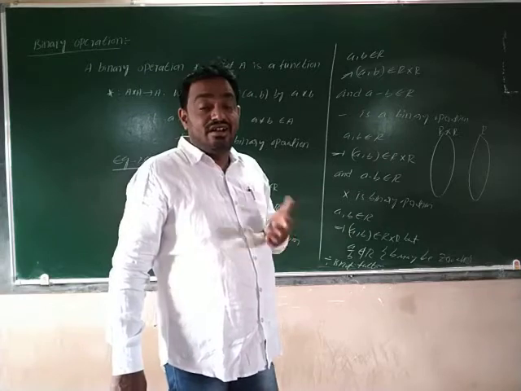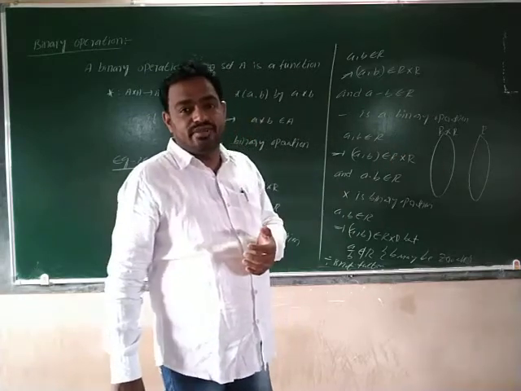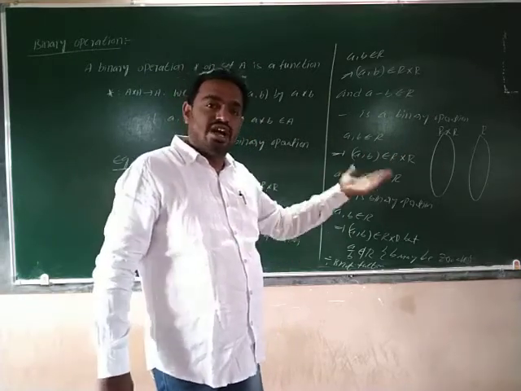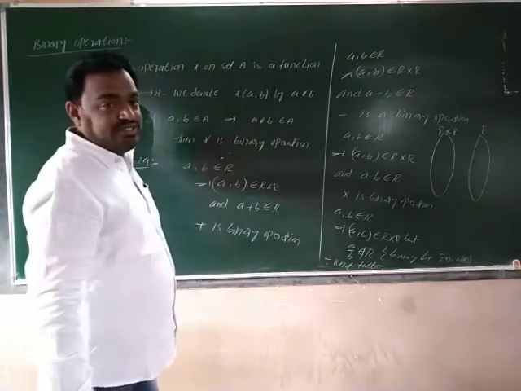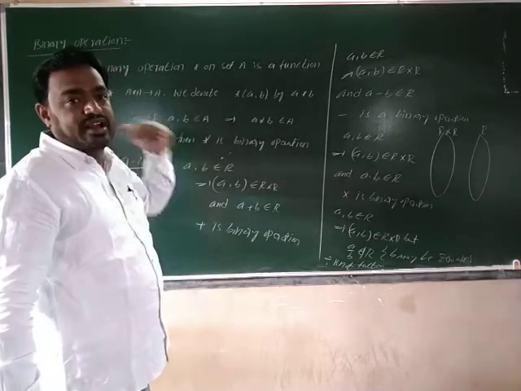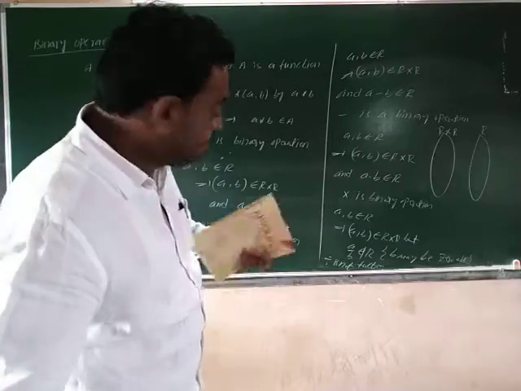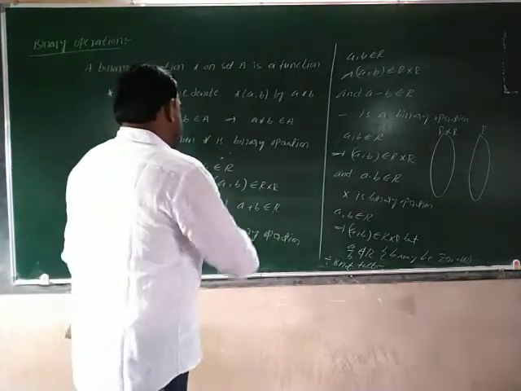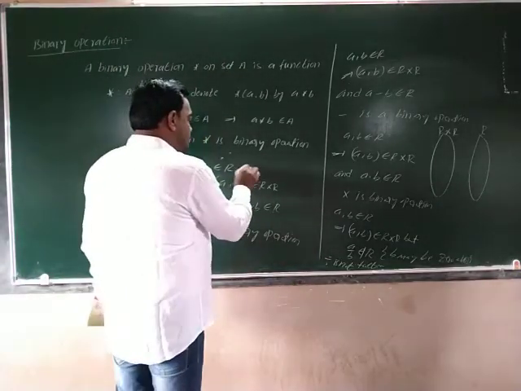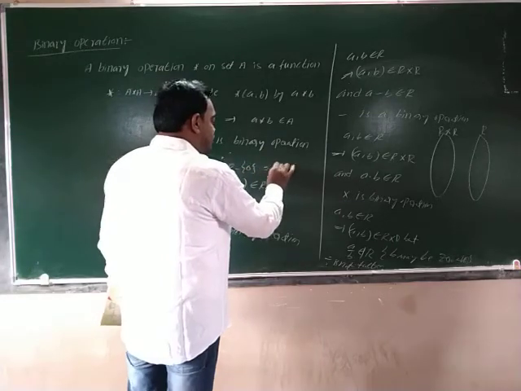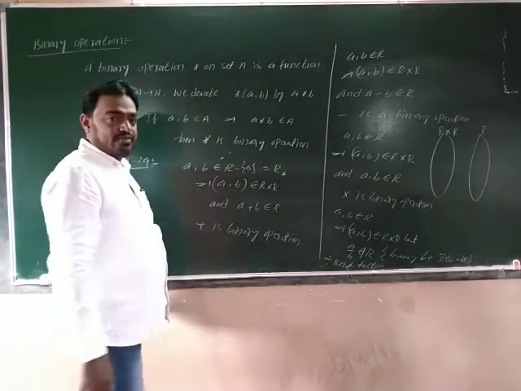These all don't have any images, so it is not a function. That means star division is not a binary operation. Next, A comma B belongs to R minus the set of 0, nothing but R star.